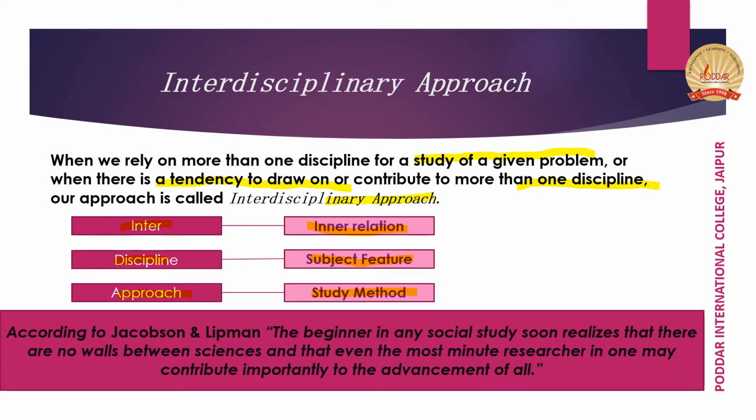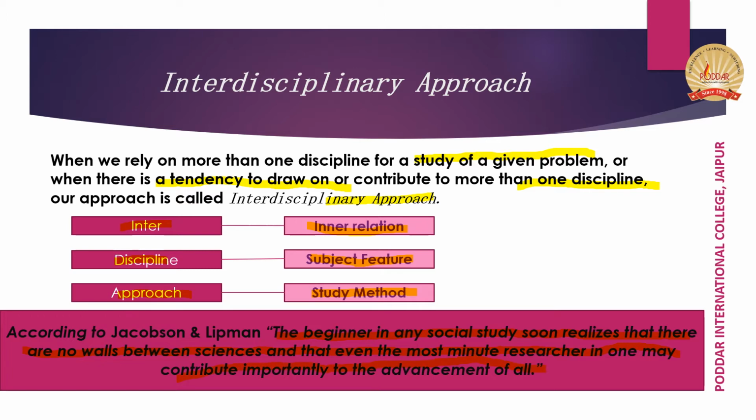According to Jacobson and Lippmann, the beginner in any social study soon realizes that there are no walls between sciences and that even the most minute researcher in one may contribute importantly to the advancement of all.